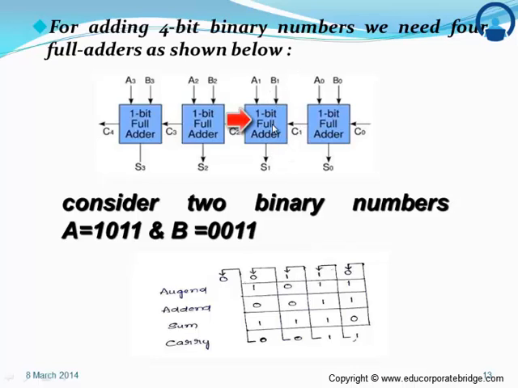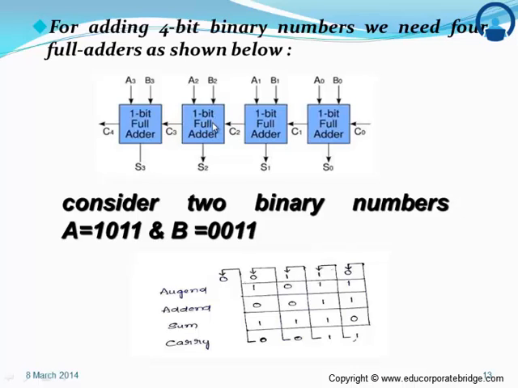Similarly, we can check out for this stage A1, B1, C1. The output, that is the S1 for this 1 bit full adder, is A1 plus B1 plus C1, and the output is S1. S1 plus, if there is a carry C2, it goes into the next stage.